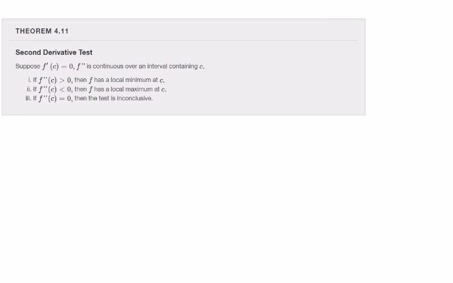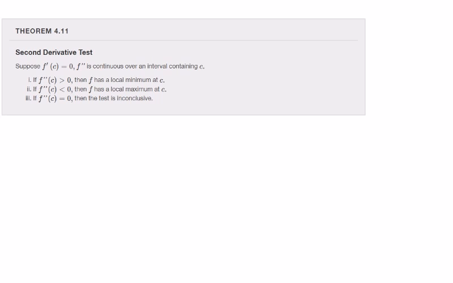Okay, so here's the idea. Theorem 4.11. Suppose that f prime at c is 0, so we have a critical point. Notice that we're not testing the places where f prime is undefined, because if f prime is undefined, f double prime won't exist, and so we can only work with the ones where we have 0.